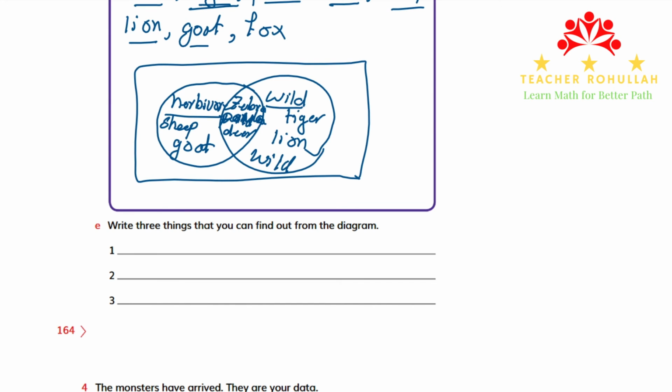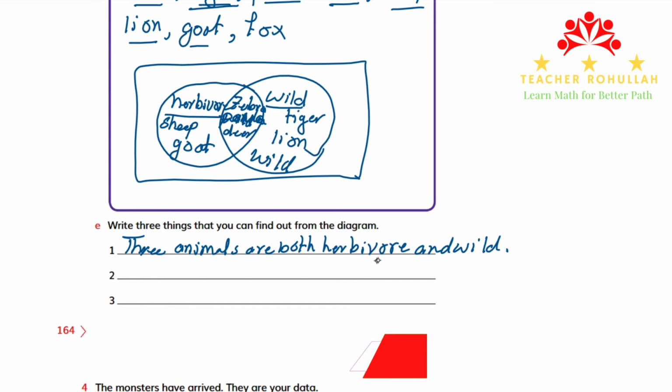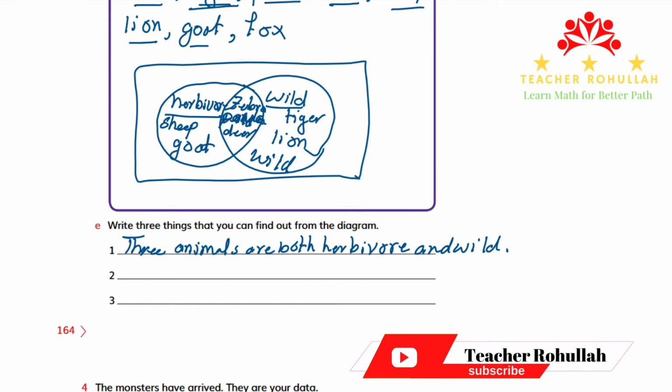So one of the things that we can find out from the diagram, we can say three animals are both herbivore and wild. Both herbivore and wild, which are zebra, panda, and deer. They are at the same time herbivore and wild. This is one of the things we can see from the diagram.